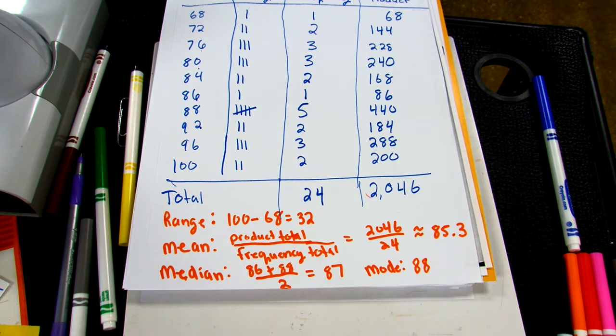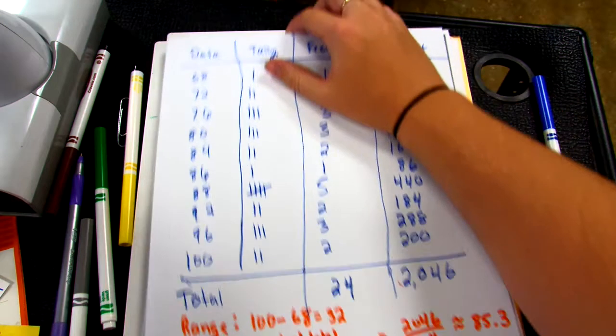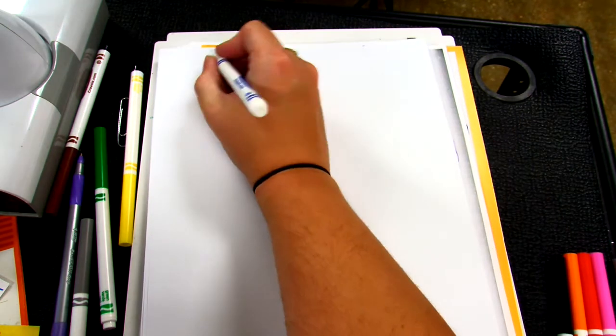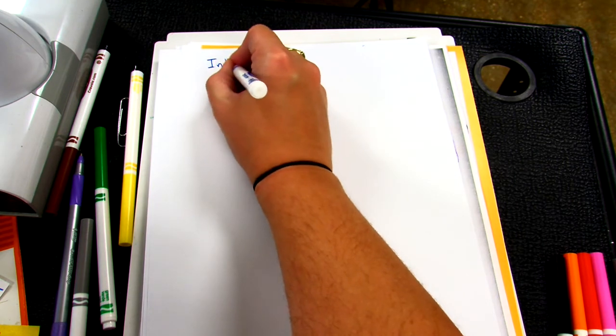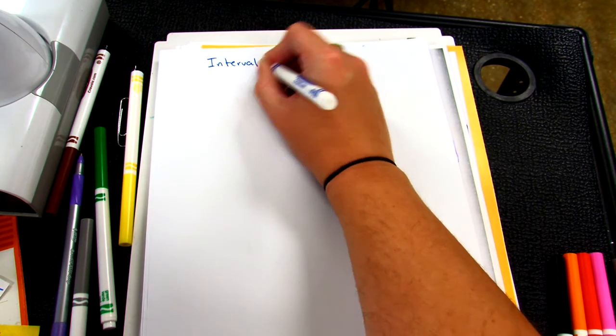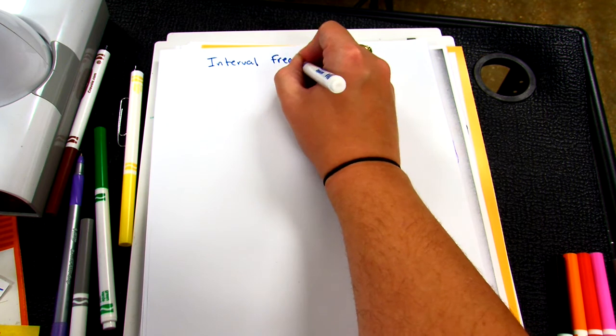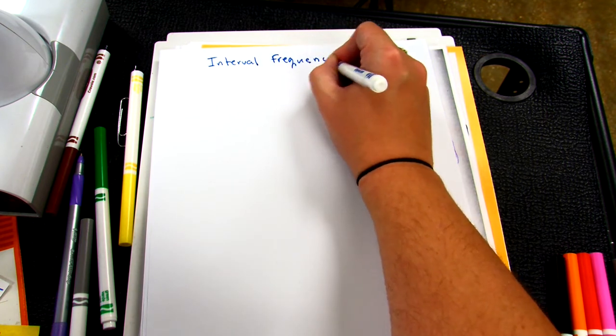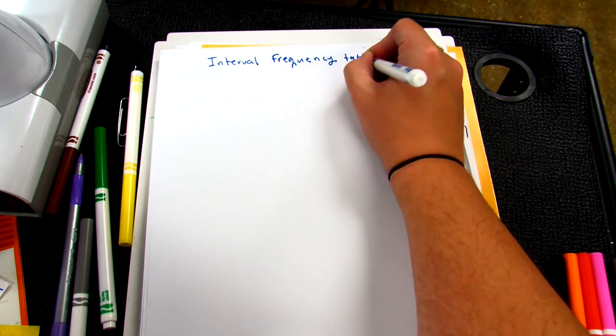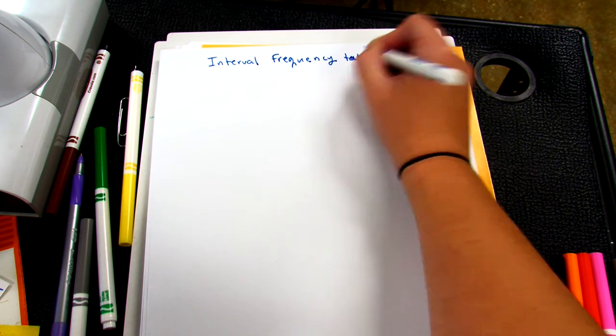So let's talk about a different type of table. Now we're going to talk about an interval frequency table. So an interval frequency table is not going to be as precise as a frequency distribution because you're doing intervals.